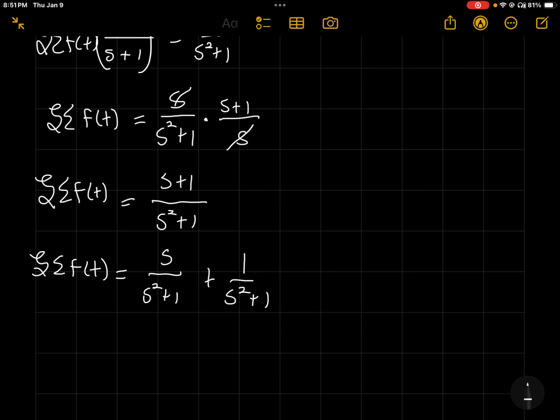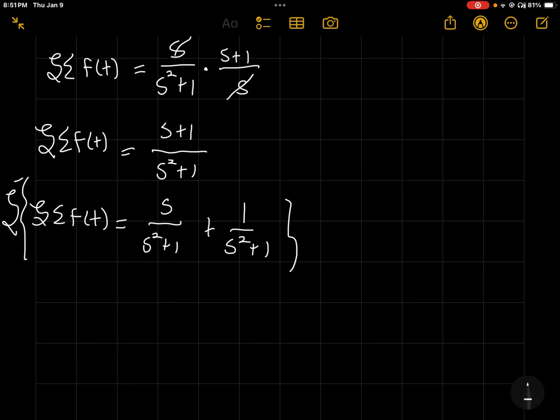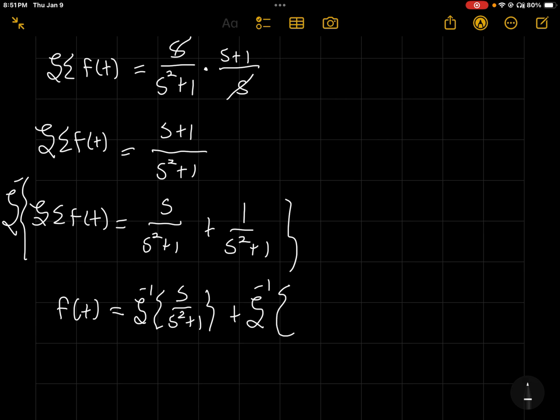And now I want to take the inverse of the Laplace transformation of f of t, which would be f of t is equal to the inverse Laplace transformation of s over s squared plus 1 plus the inverse Laplace transformation of 1 over s squared plus 1.